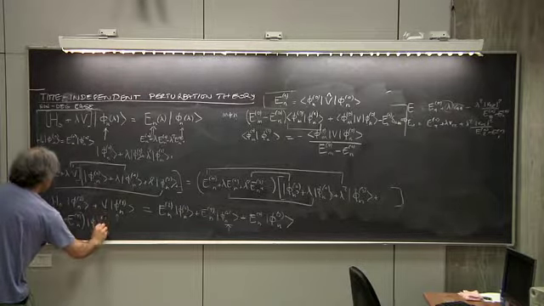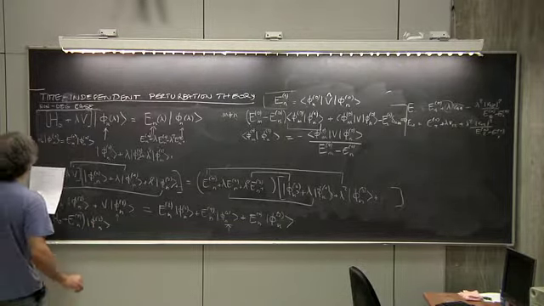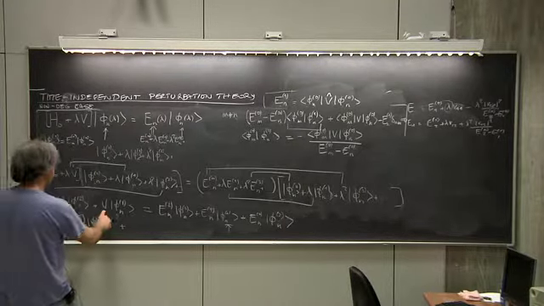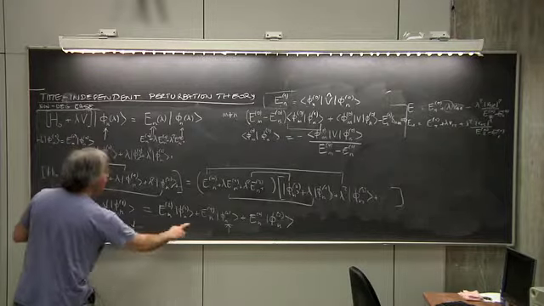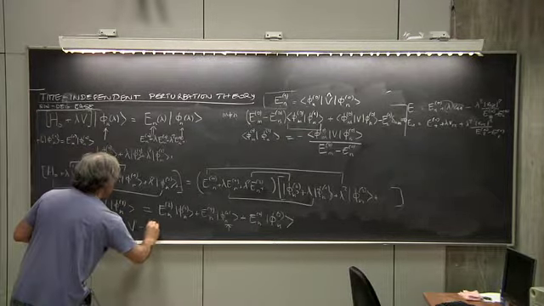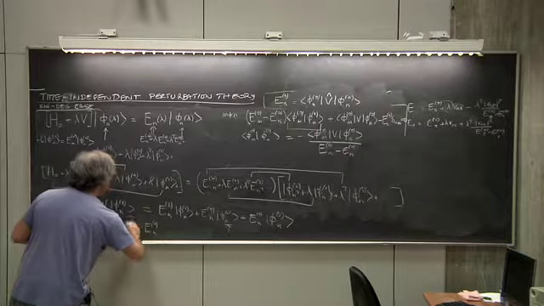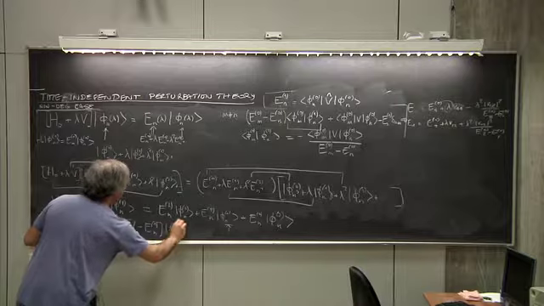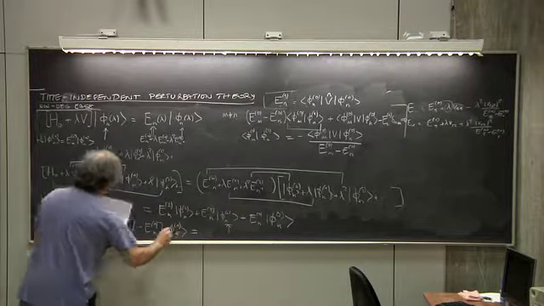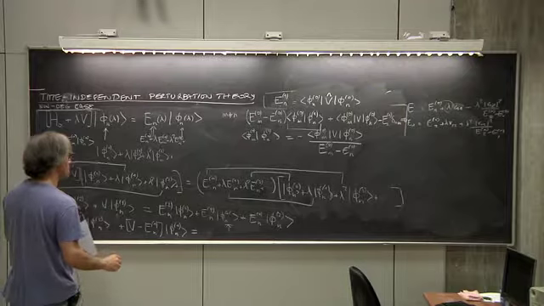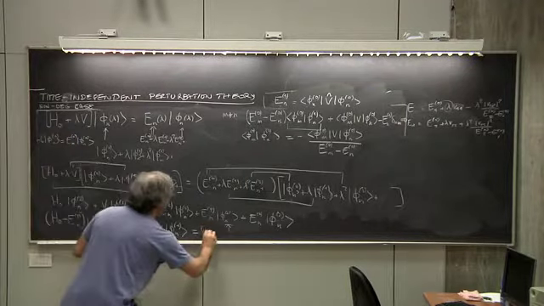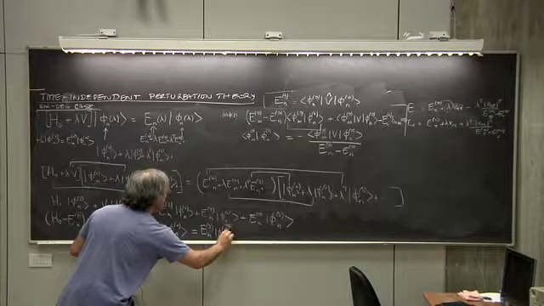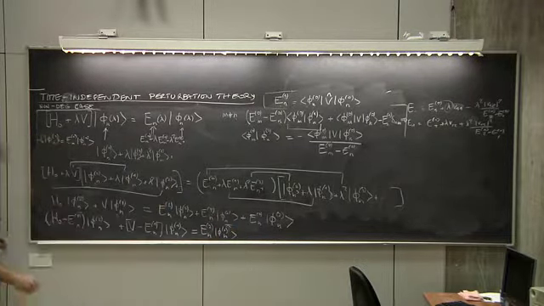Then I have first order terms, which are V minus, I bring this on this side, E1n times phi 1n. Okay? All this should be equal to E2n phi 0n.